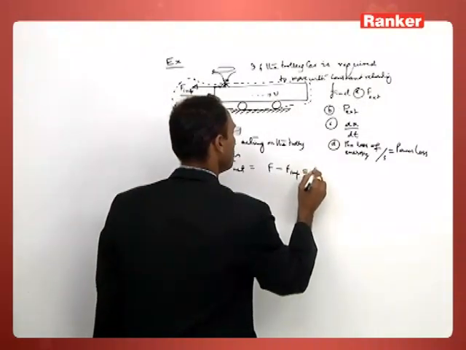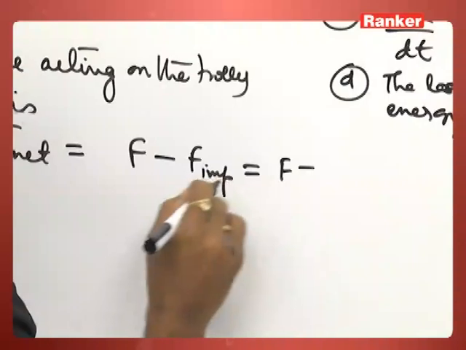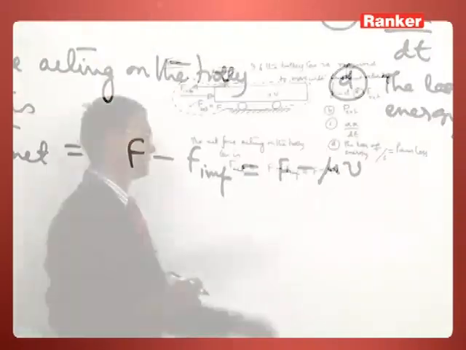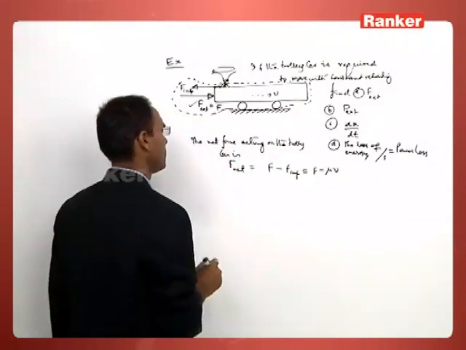That's equal to F minus F impulsive is equal to mu into V, as you calculated in the previous problem.